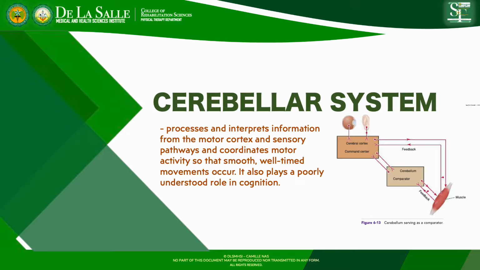It also plays an important role in movement because it can process and interpret information from the motor cortex and also receive information from the sensory system, specifically for posture and balance. It coordinates that information together, and from that it is able to produce smooth coordinated activity, which is very important if we want to do a skill, for example.